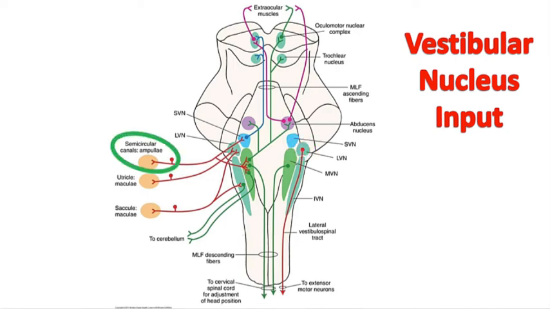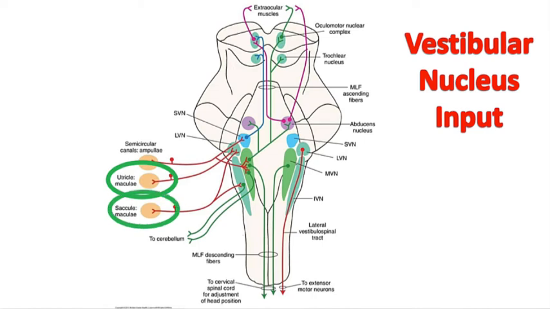So the semicircular canals, remember they detect rotational changes of head position. They send their information to the superior vestibular nucleus and the medial vestibular nucleus. The utricle sends its information, remember this is linear acceleration, to the lateral vestibular nucleus.